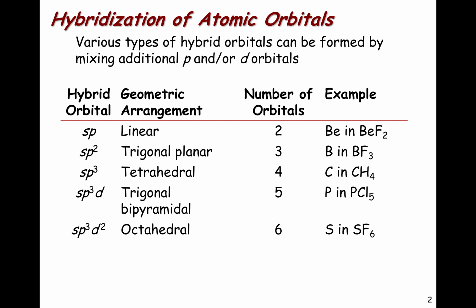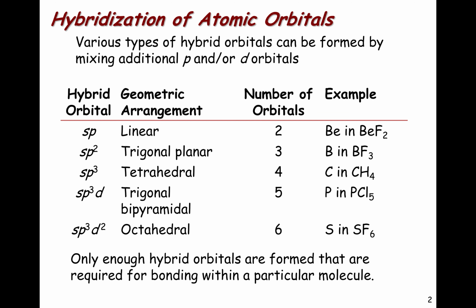Note that the 2 is superscripted to the right of the p, so there are three hybrid orbitals that result from the three atomic orbitals. And a tetrahedron requires four orbitals, so in this particular case it would be an sp superscript 3, or sp3 type hybrid. Methane is a great example of that.